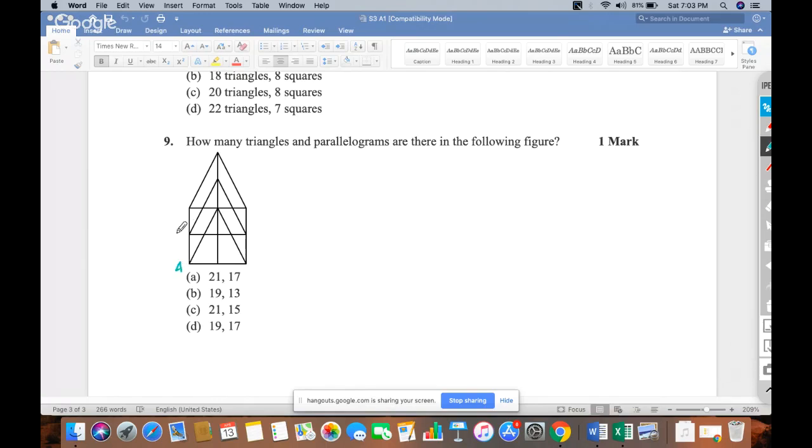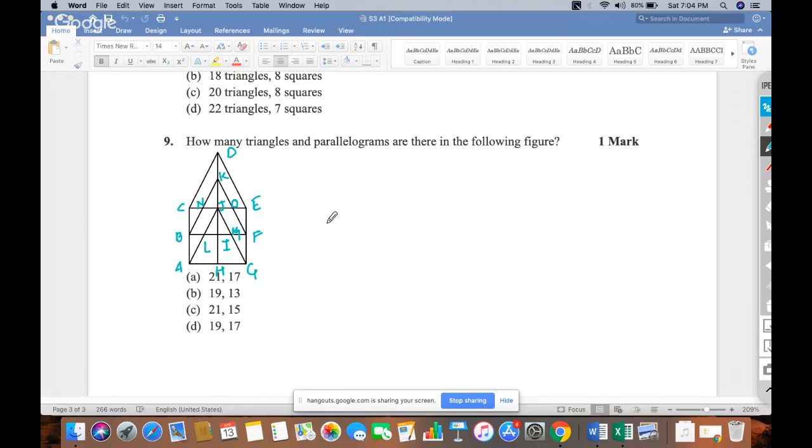So this is A, B, C, D, E, F, G. Then this is H, I, J, K. Then this is L. This is M. This is N. And this is O. So I hope I have marked all the points. Yes, I have marked everything.